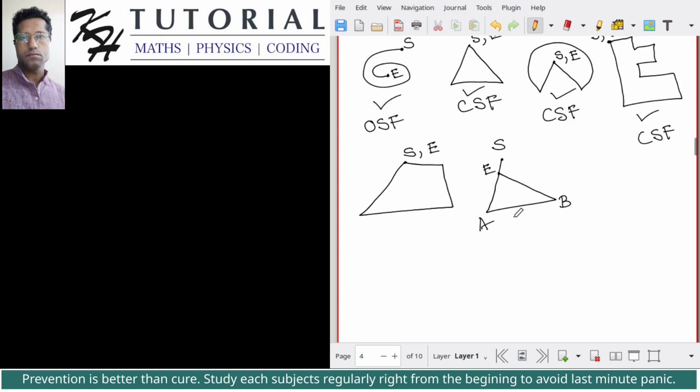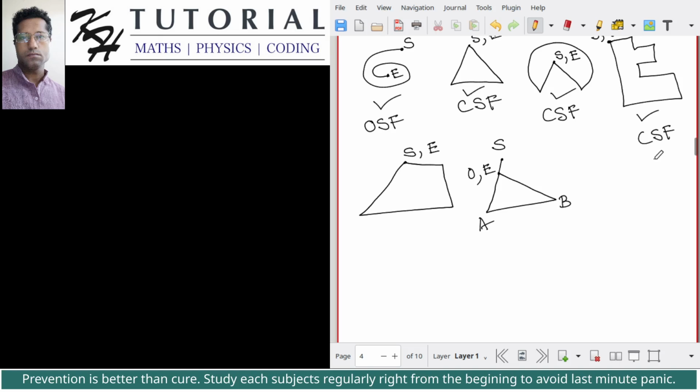So in this case, E will also be the point of intersection. At the point E, this figure is intersecting with itself.